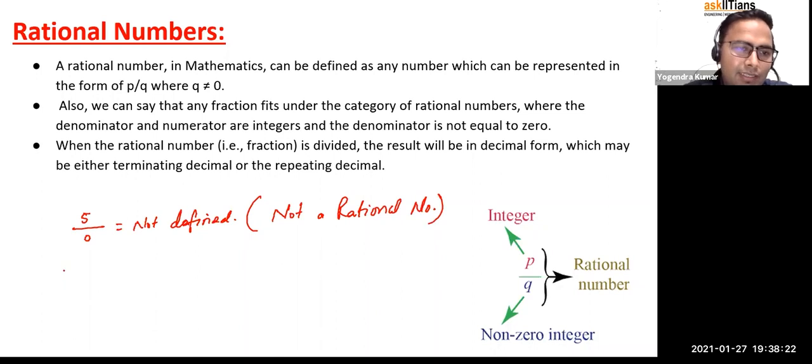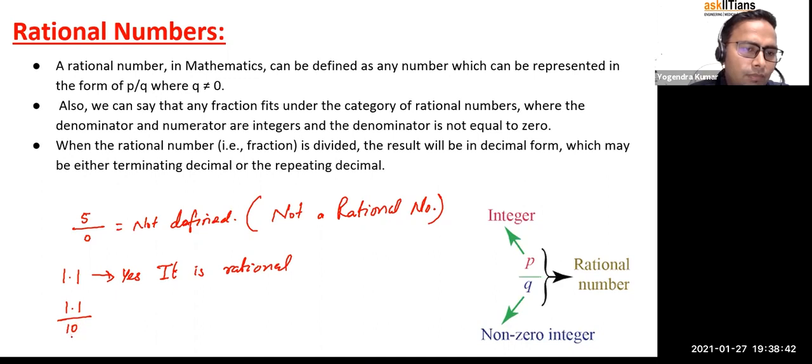But if I say, is 1.1 a rational number? Yes, it is rational. Why? Because 1.1 can be written as 1.1 over 1. What is there in the denominator of every number?